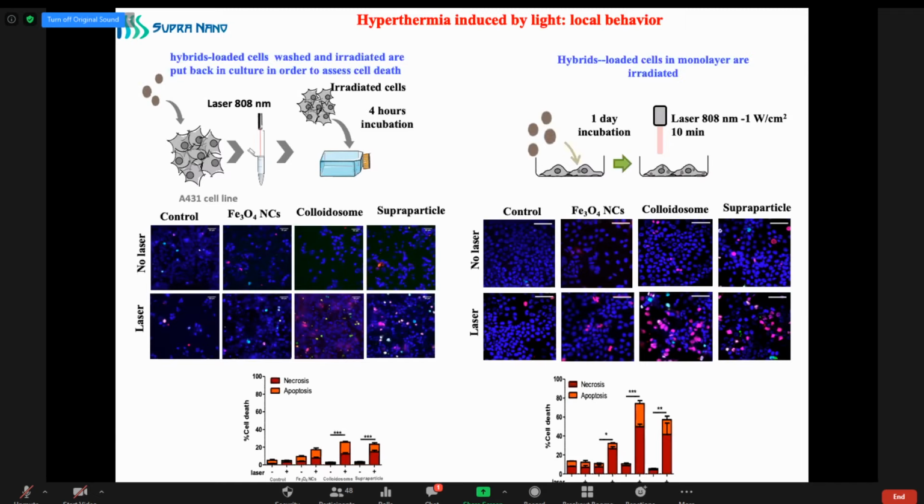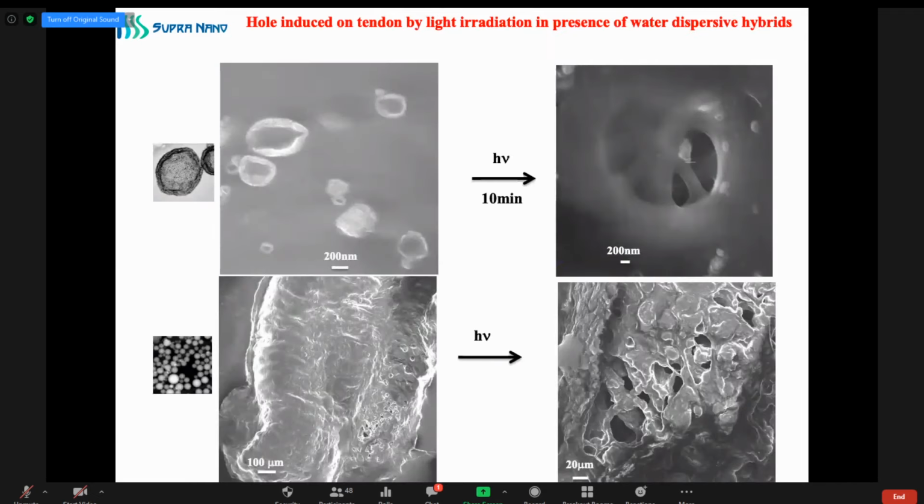And what we did is we use a Ville tendon, and we deposit the colloidosome. Again, you can see the colloidosome is much larger here than in solution, and is deformed. And then we irradiated the system, and you can see you have a superb hole.